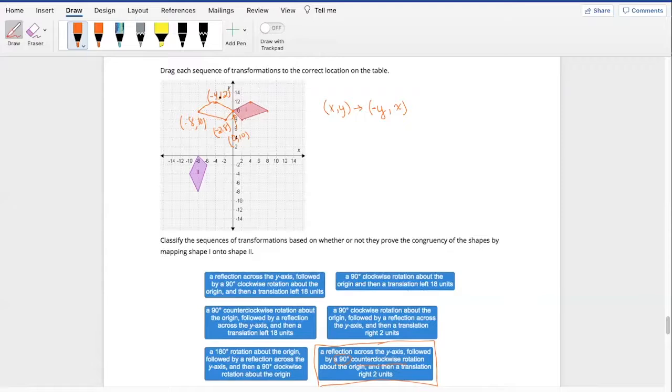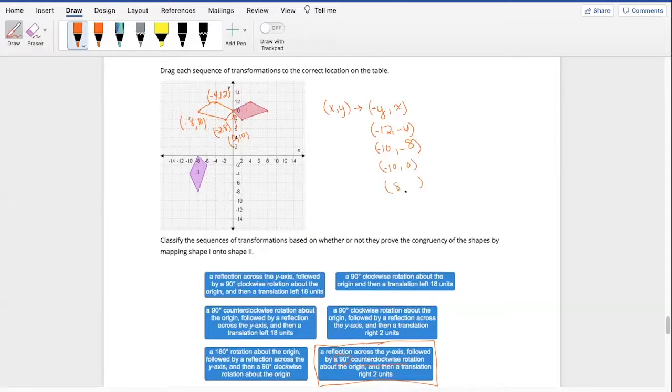So if I take that top one, the x and y are going to flip-flop. 12, -4: that 12 is going to change to the opposite. -8, 10 is going to flip-flop, and that 10 will become the opposite. 0, 10 are going to flip-flop, and 10 will become the opposite.